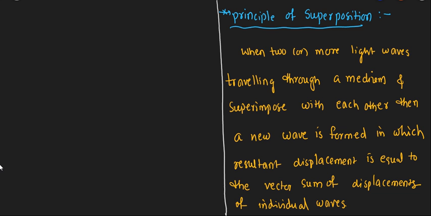Okay, now I'm going to continue. According to that, when two or more light waves are superposed with each other, the resultant wave displacement is equal to the vector sum of the displacements of the individual waves.